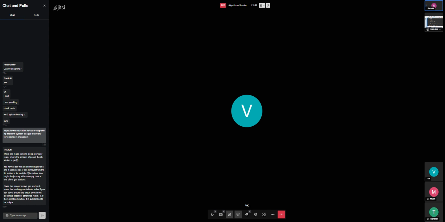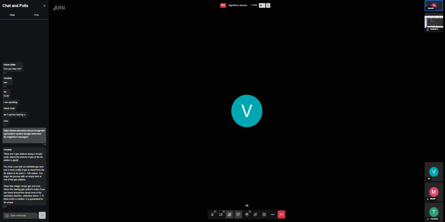So remaining gas equals the exact same formula. You have remaining gas, whatever the gas, minus the distance. The distance is basically from the current station to the next station, plus you are going to take the gas of the next station, just like Venkat did, right?